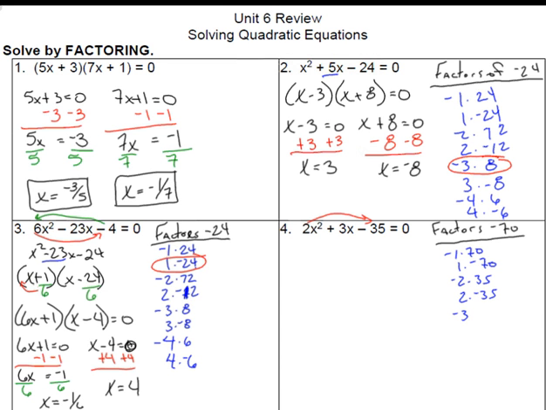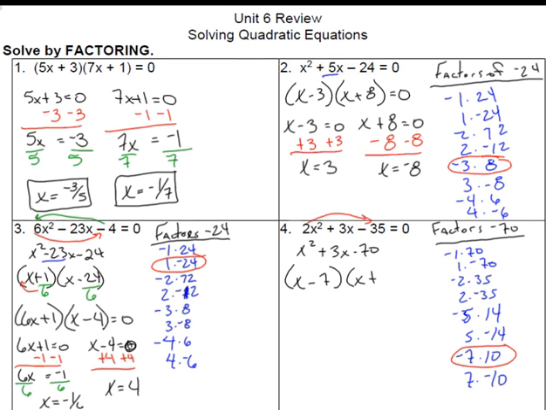Negative 5 times 14, 5 times negative 14, negative 7 times 10, and 7 times negative 10. This time I'm looking for what is going to give me a 3, because this one becomes x squared plus 3x minus 70. So which of these will add together to give me a positive 3? My negative 7 and my positive 10. So I now have x minus 7, x plus 10.